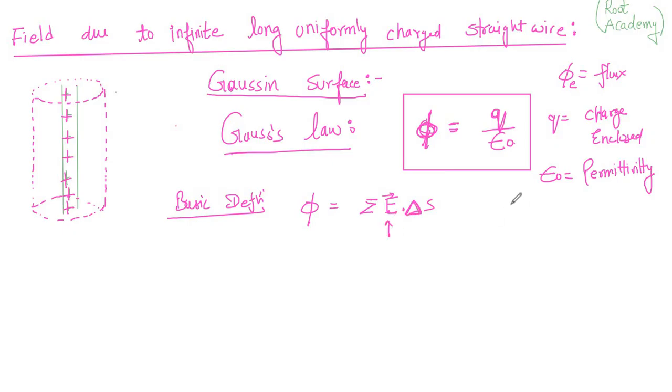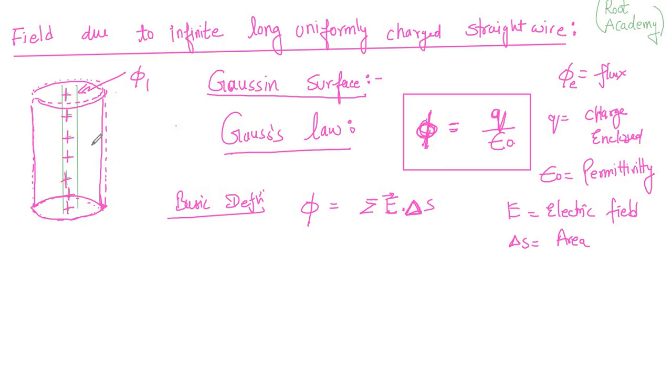E is the electric field intensity, and del S is the area over which we are calculating the flux. By the basic rule, there are three surfaces: this is the top surface of the Gaussian surface, this is the bottom, and this is all around it because it's a 3D cylinder.